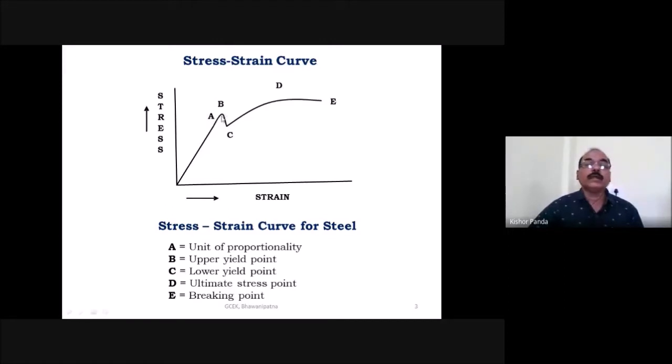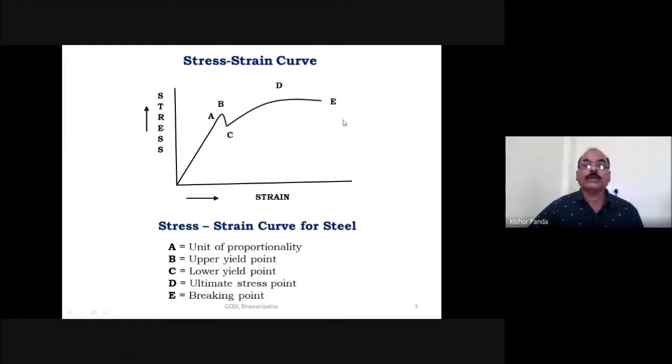At this point, suddenly the stress decreases and reaches the lower yield point. Then once again, the strain increases and the stress increases and it reaches the ultimate point D, that is called the ultimate stress point. Then the stress decreases and the breaking takes place at the point E.